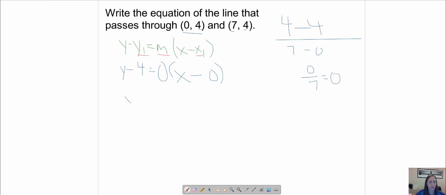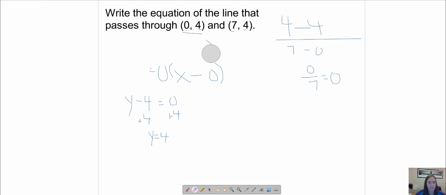Now we have y minus 4. So that's it in point-slope form. If they ask for point-slope form, you'd be done. If you keep going, 0 times anything is going to be 0. And then to solve this equation, we would add 4 to both sides. So that means that y equals 4, just like that.